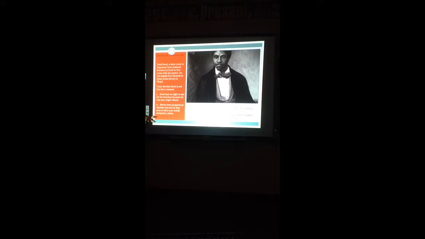And so the Supreme Court really categorized Dred Scott not as a human being, but they really put him on the level of simply being property, like a chair or a table that you would move. There is no question that your table doesn't stop being your table if you live in a free state or a slave state.